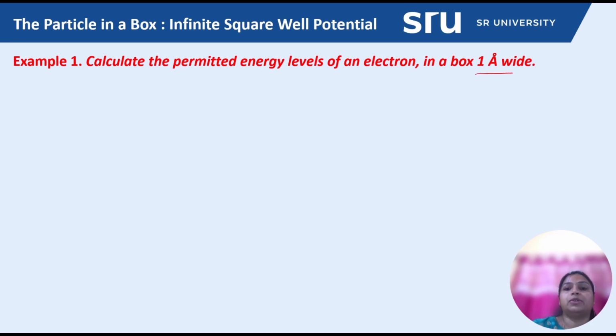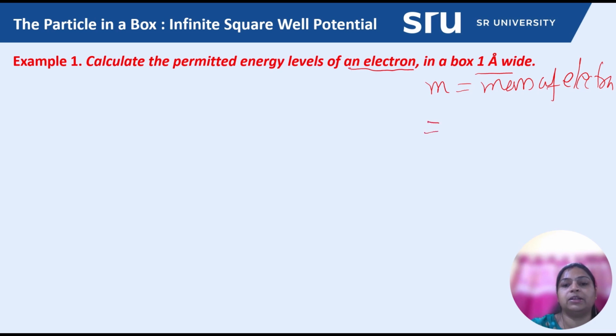Since it is an electron, m is the mass of the electron, which is 9.1 into 10 power of minus 31 kg.